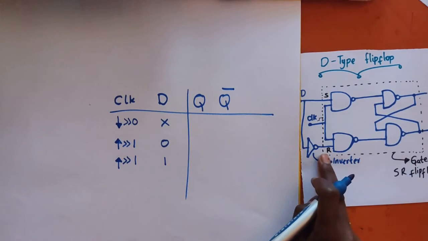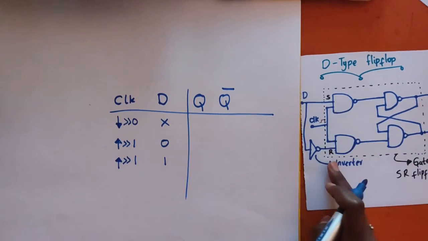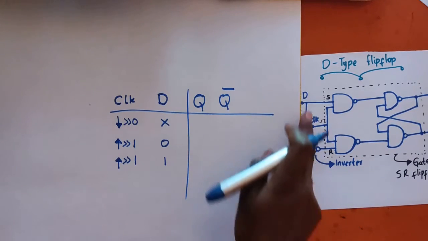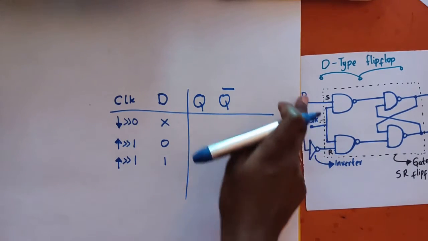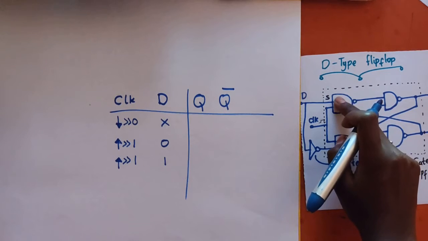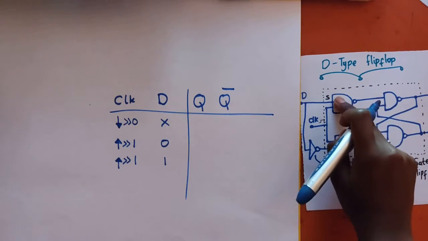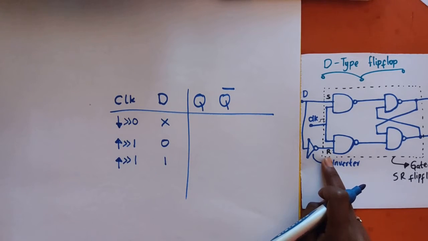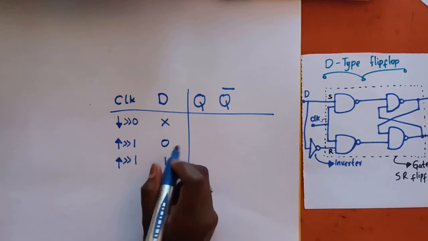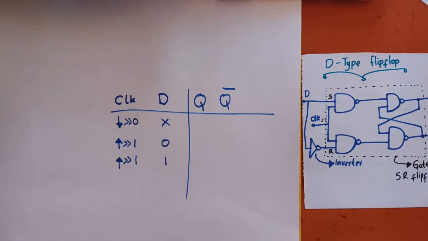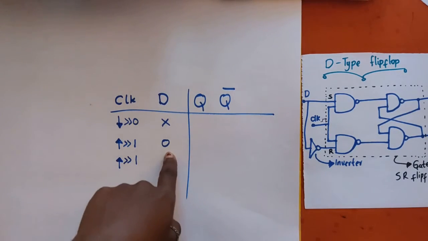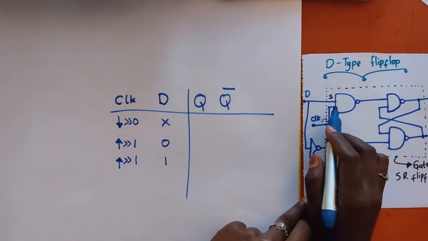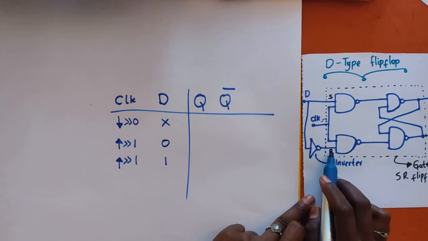When the input D is 1, S is 1, R is 0, because D is equal to S and is equal to the complement of R. Don't know if that makes sense, but that's it. Now let's look at the output. Whenever we have our input as a 0, that means here we have a 0, here we have a 1.